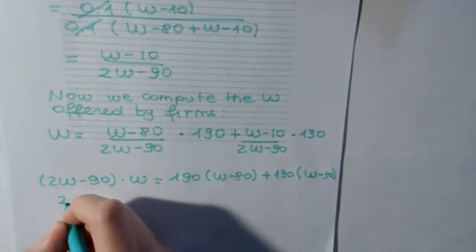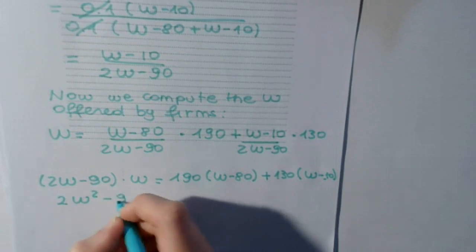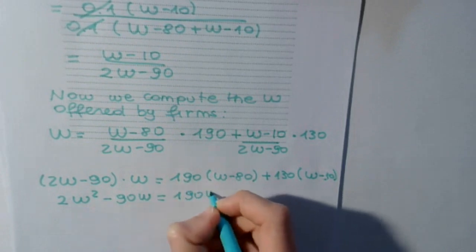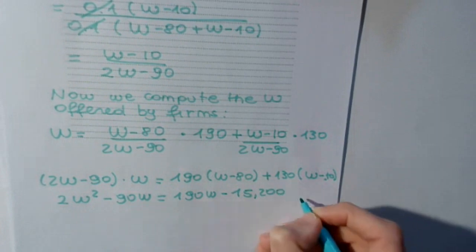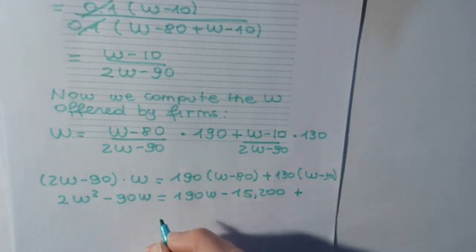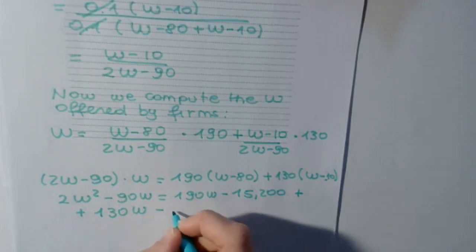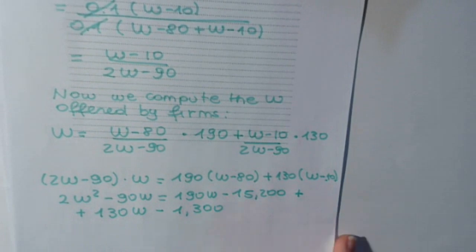And now we compute and we have 2W squared minus 90W equals 190W minus 15,200 plus 130W minus 1,300. It's an equation, okay?